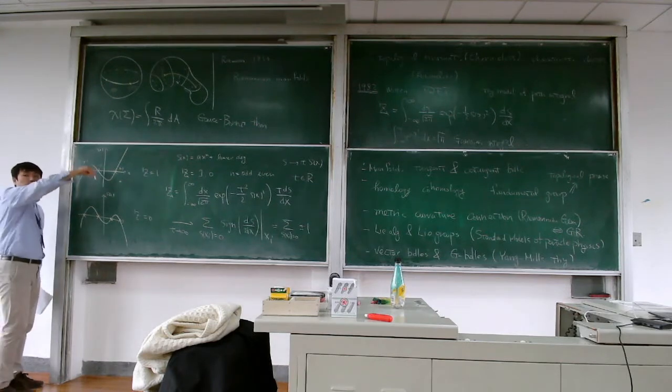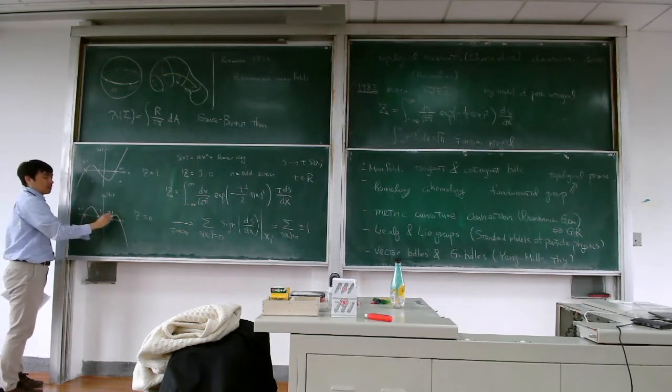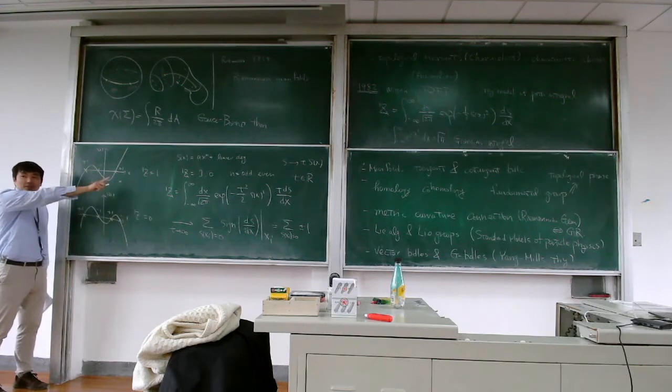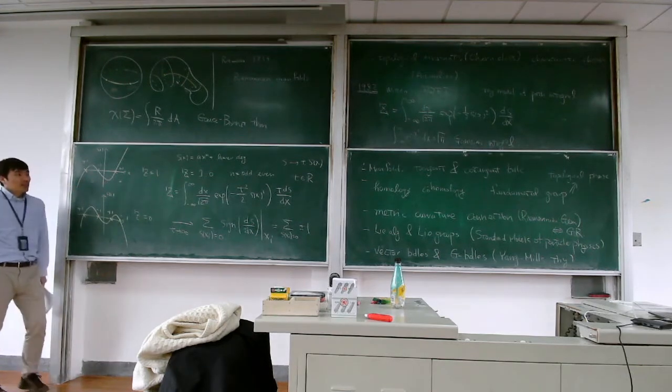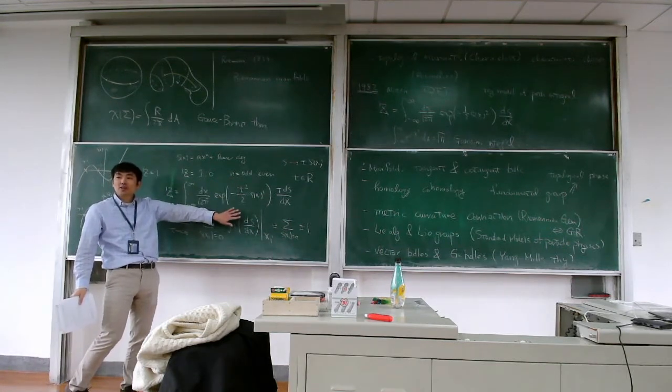It's just the slope: the slope is negative or positive. Here plus 1, minus 1, plus 1, and minus 1. If you sum them over, you get 0. Here, you sum them over and get 1. It only depends on whether n is even or odd. That's how it looks once you take t goes to infinity.